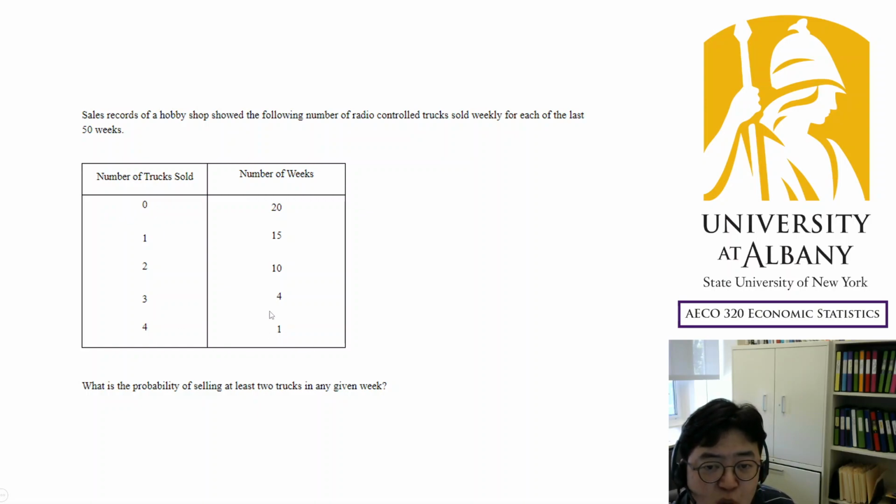But there was a week, maybe a holiday week, in which 4 toy trucks were sold. So the sales records are summarized. You have to calculate the probability of selling at least 2 trucks, 2 or 3 or 4, at least 2.